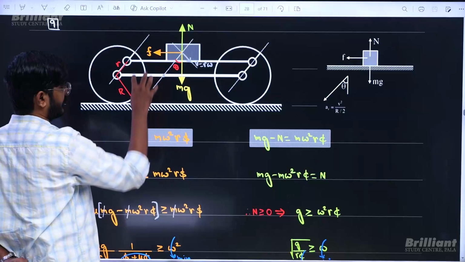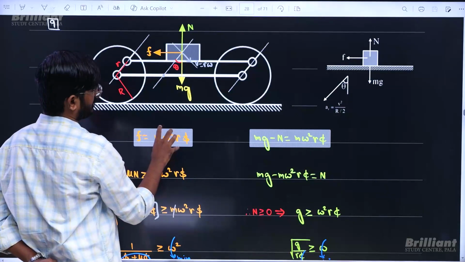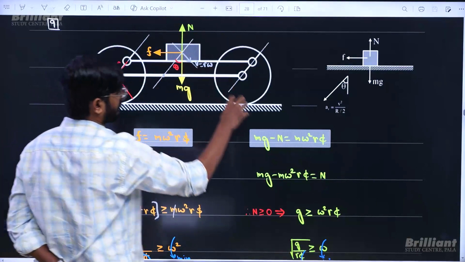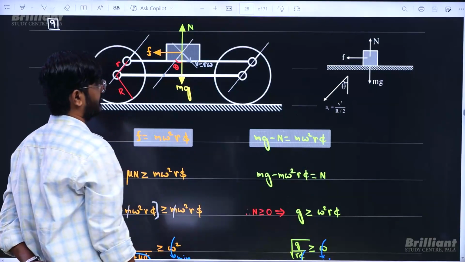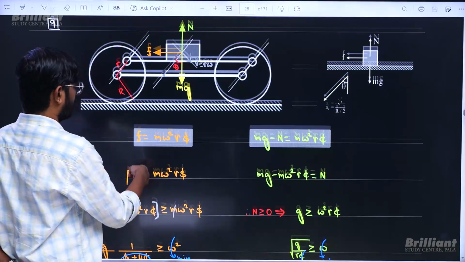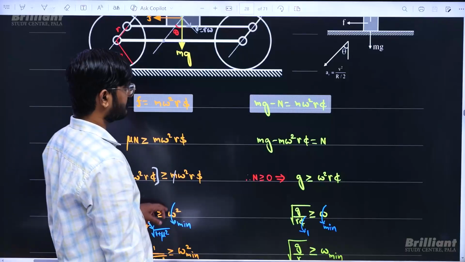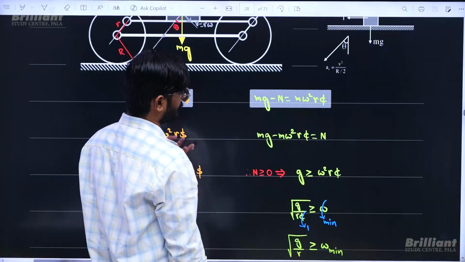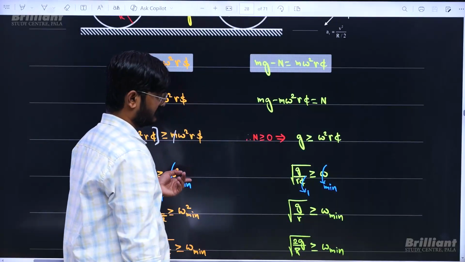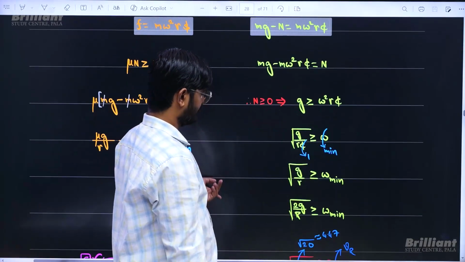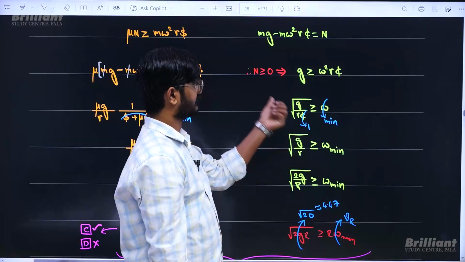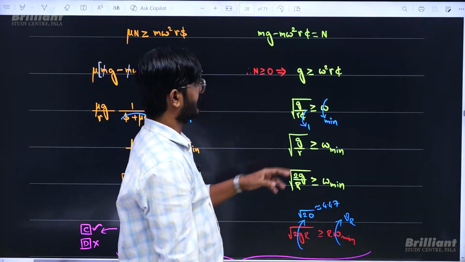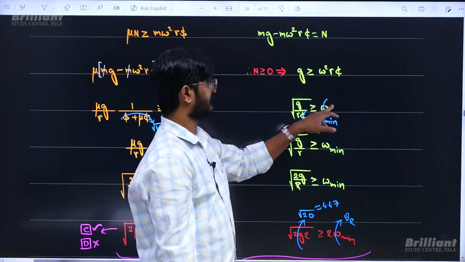So friction will be providing the centripetal force's horizontal component, and mg minus N will be providing its vertical component. Now you can see under the critical condition, when it is losing contact, normal should become 0. When normal becomes 0, you will be getting the omega value as a function of cos theta.